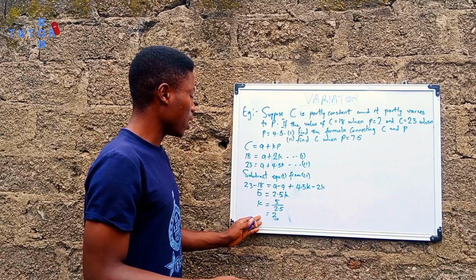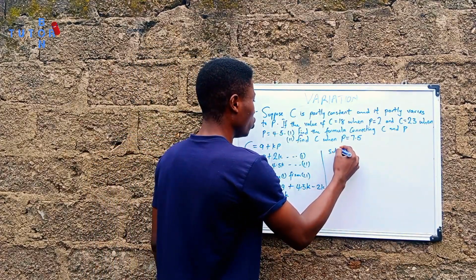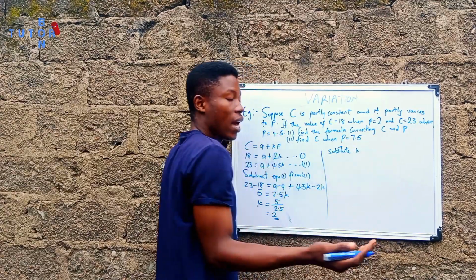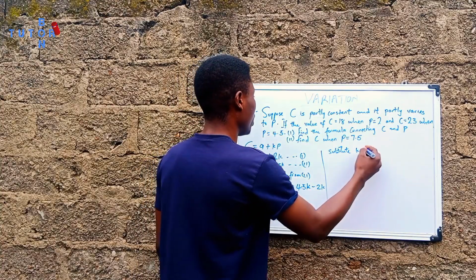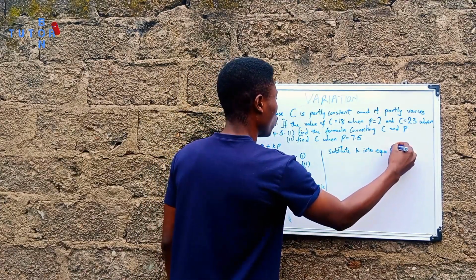So if your K is equal to 2, you can substitute K into any of the equations. Let's say we substitute K into equation 1.